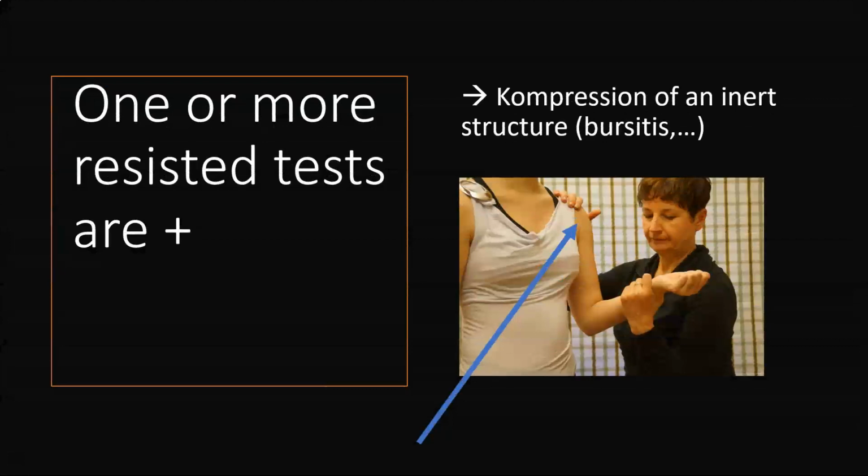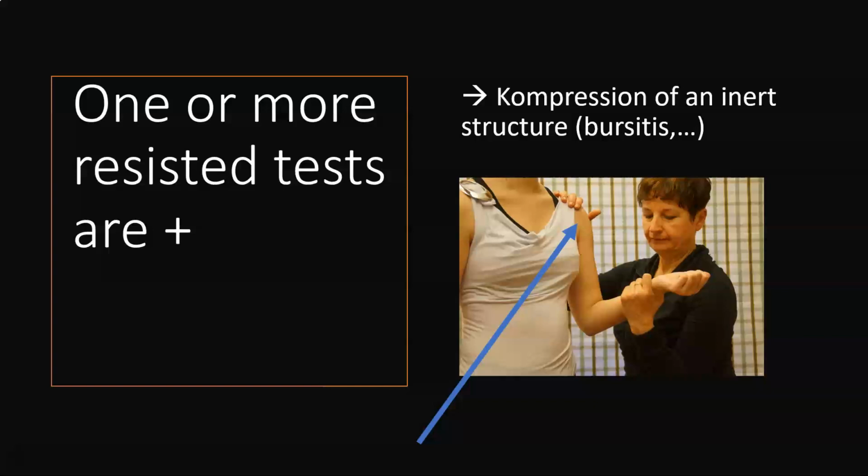Or, let's imagine we do the resisted elbow extension and the patient says, it hurts. Never forget to ask your patient, where does it hurt? And then the patient points to the shoulder and the proximal part of the C5 dermatome. So he doesn't have a triceps lesion. The patient describes pain somewhere in the C5 dermatome.